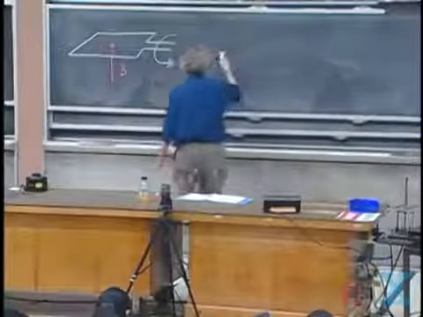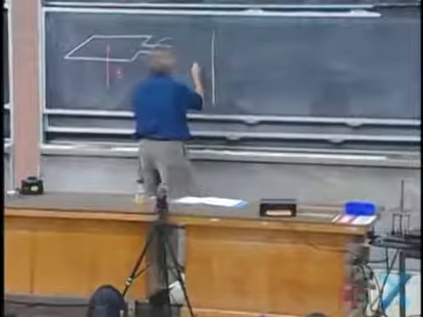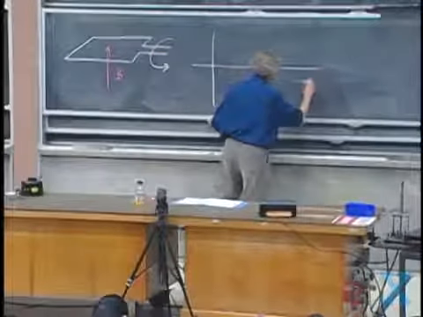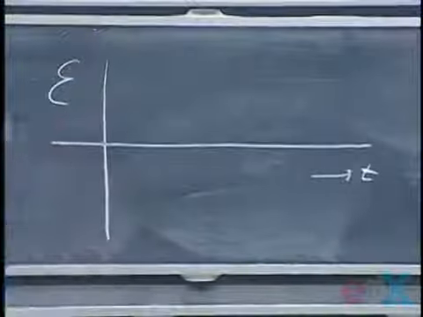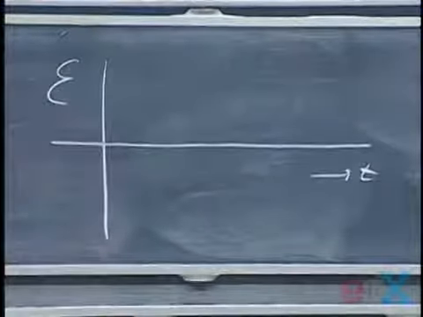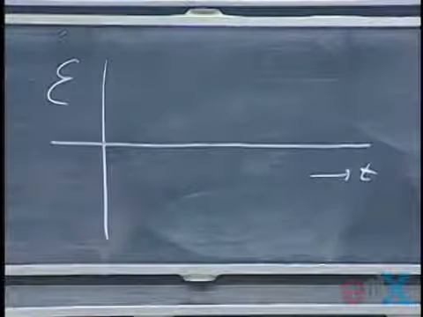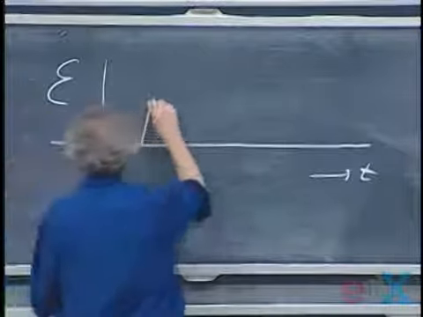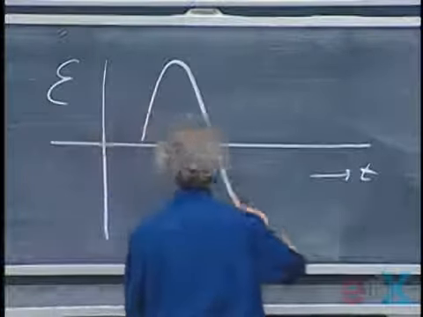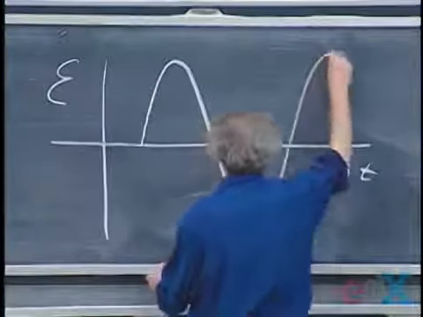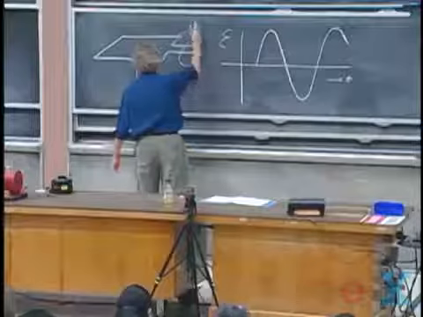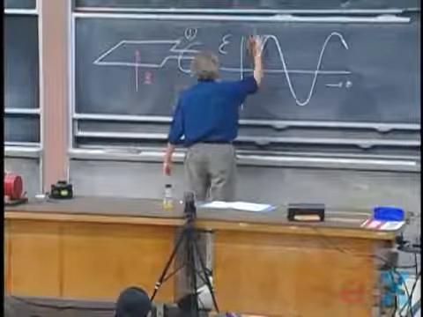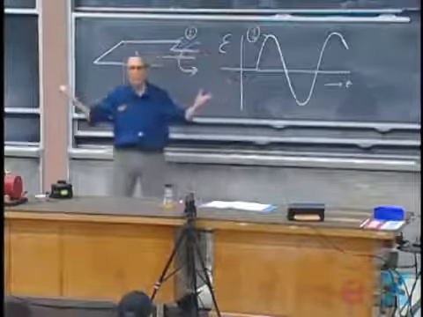That induced EMF, which we derived, I think it was last lecture, as a function of time, will be a sinusoidal or cosinusoidal curve, and therefore will look something like this. I call this loop number 1, and so this is the EMF produced by loop number 1.